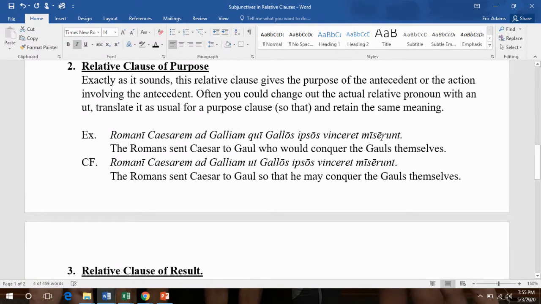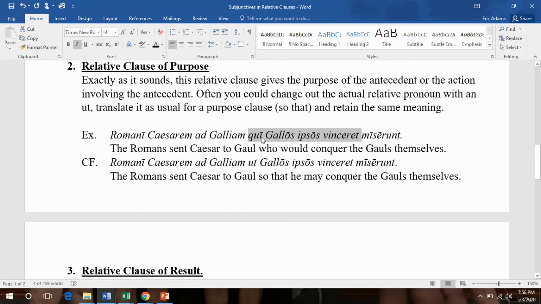The Romans did send Caesar to Gaul. Caesar, who would conquer, vinceret, from vinco, vincere, an imperfect subjunctive, the Gauls themselves. And so, here when we have the subjunctive, we're not saying that he's the kind of Caesar who would conquer the Gauls themselves.